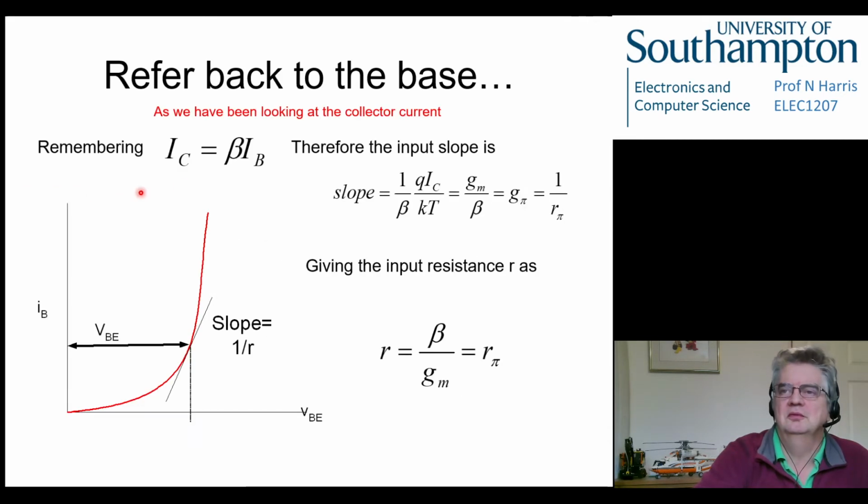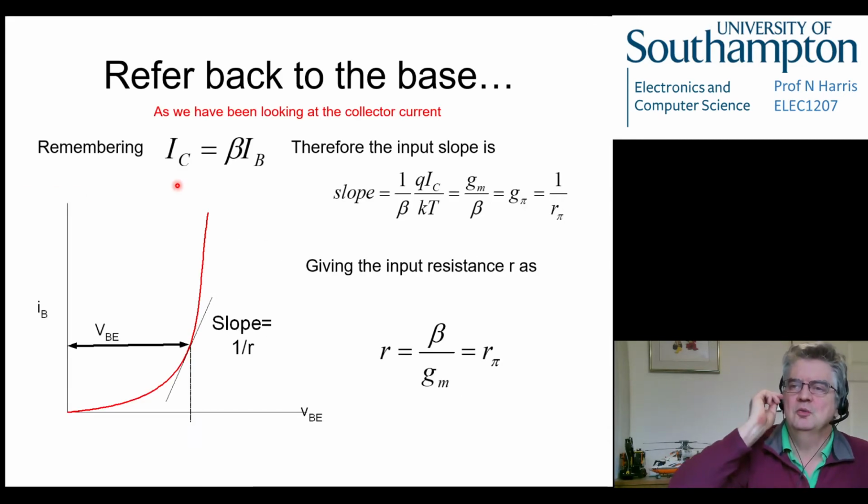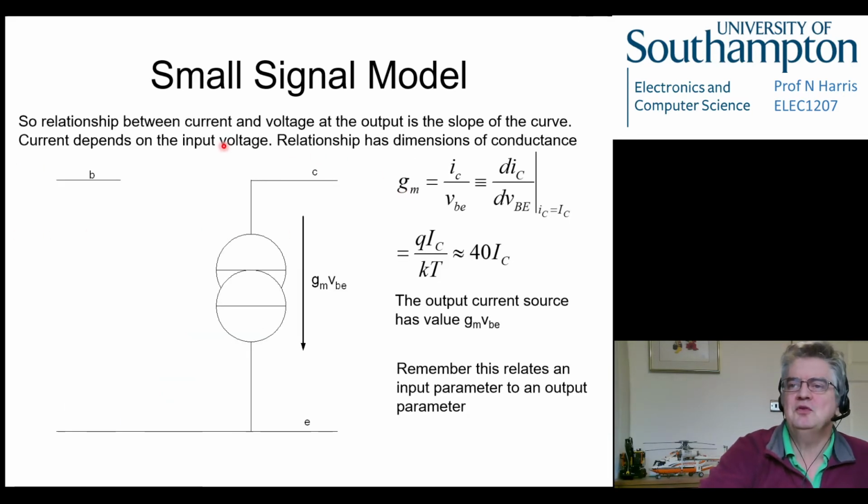So if we look at our model, we've now defined the output end of our model. It's simply a current source that gives us a current related to a change in input voltage, VBE in this case, and the value of that is defined by this thing called GM.